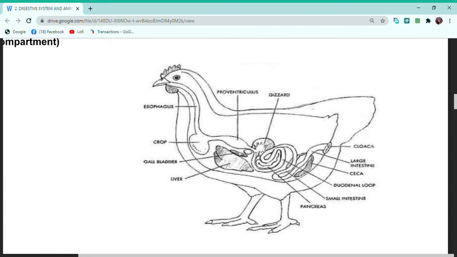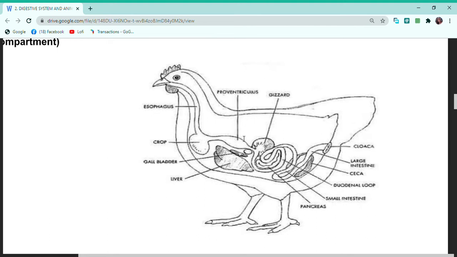Okay, so ang sumunod dun sa crop ay proventriculus and then gizzard. Okay? Proventriculus, this is the glandular part. Bakit glandular part yung proventriculus? Because it contains digestive enzymes. And proventriculus, ibig sabihin, before ventriculus, stomach.